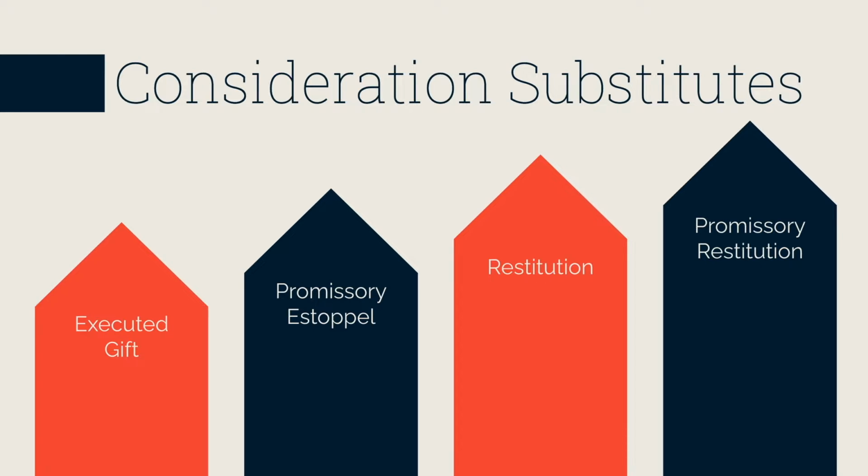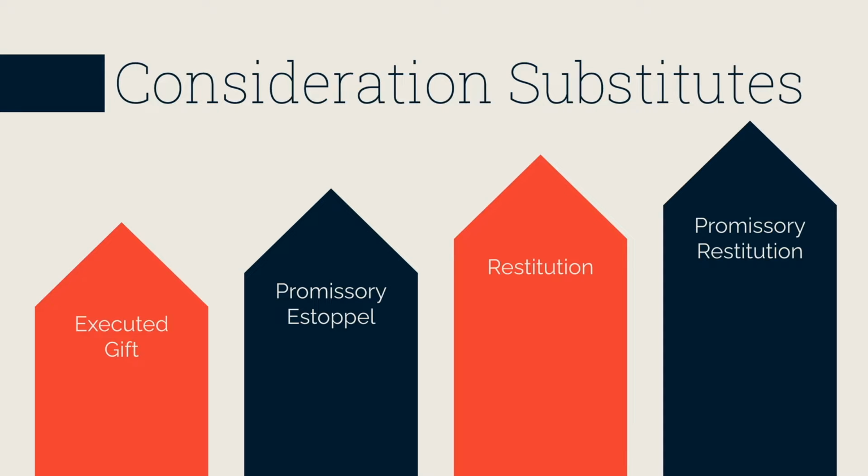And then remember, with promissory restitution, and with standard restitution or quasi-contract implied in law, if it's truly intended as a gift, then restitution can't be sought in either form.